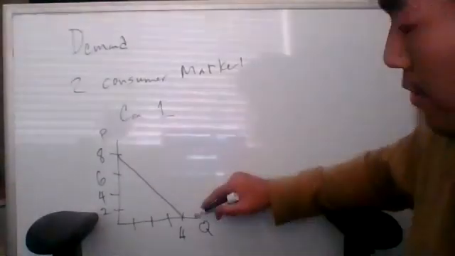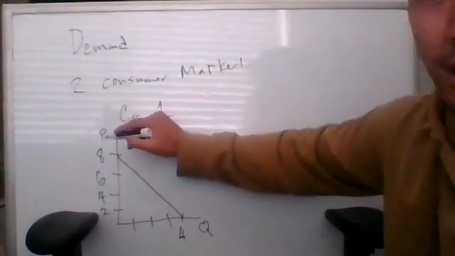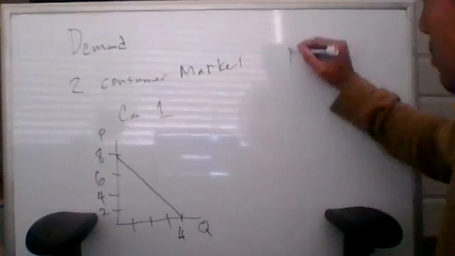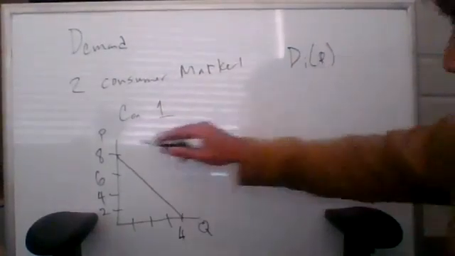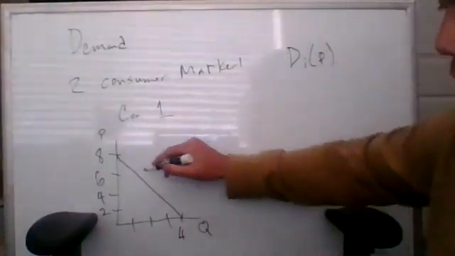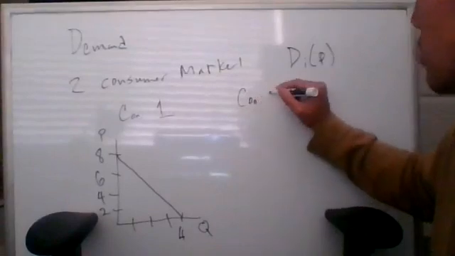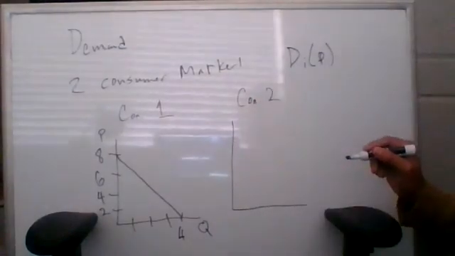But I want to remind you that demand for any individual i is a function of P, meaning that price is what affects this axis right over here. So here is consumer 2, and they have these axes.